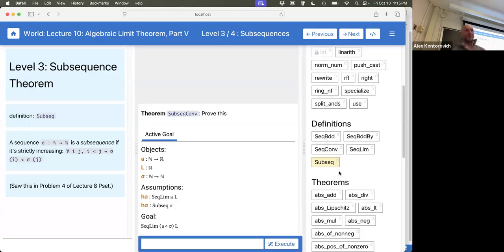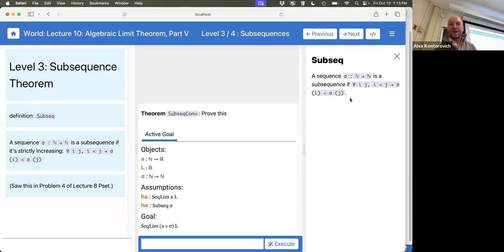And what does it mean to be a subsequence? A function on the naturals is called a subsequence if it's strictly increasing. You had a homework problem about a strictly increasing function. So if for all i and j, if i is less than j, then sigma i is less than sigma j. Okay, so that's what it means to be a subsequence.